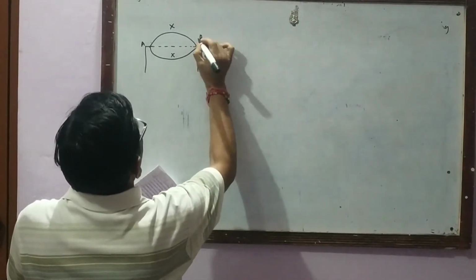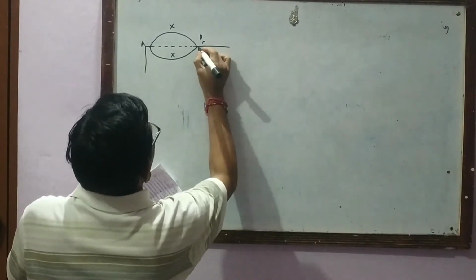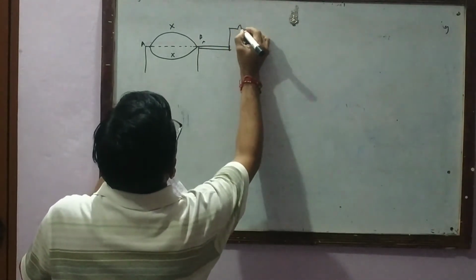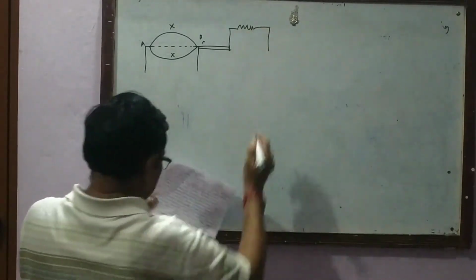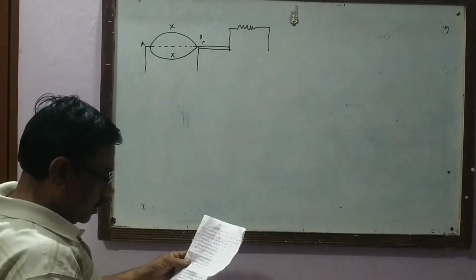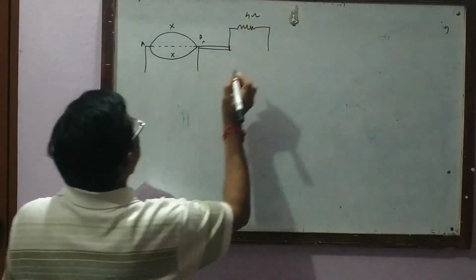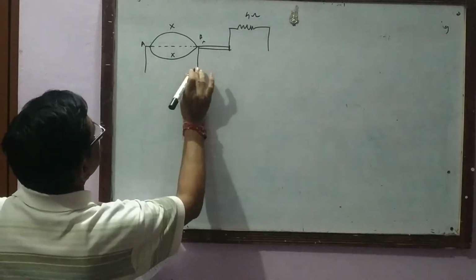Now this is the central point of the meter bridge. In the next gap, a resistance of 4 ohm is connected here in the right gap, and this is the left gap.